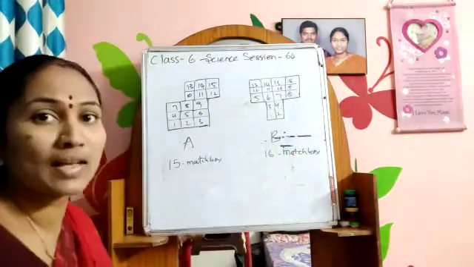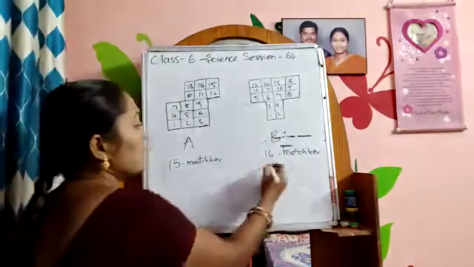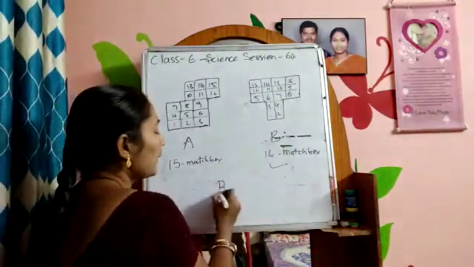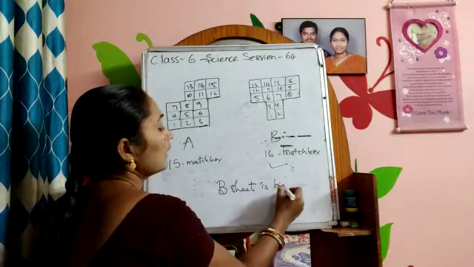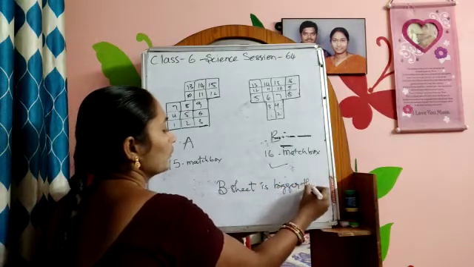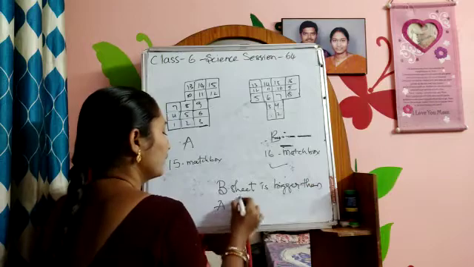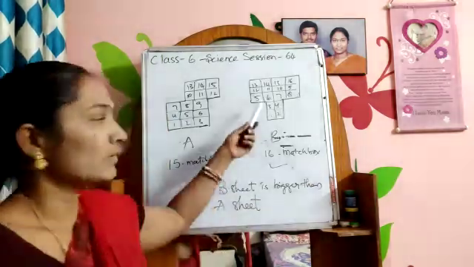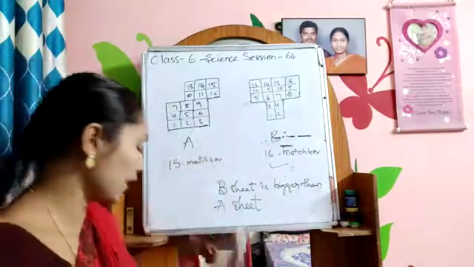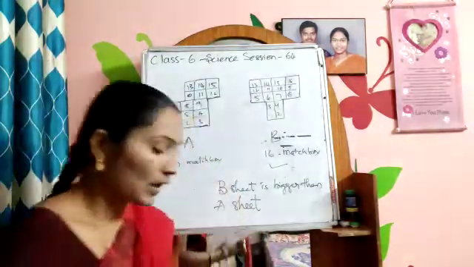Now which one has more matchboxes? B. That means the B sheet is bigger than the A sheet, because the number of matchboxes is more on the B sheet than the A sheet.